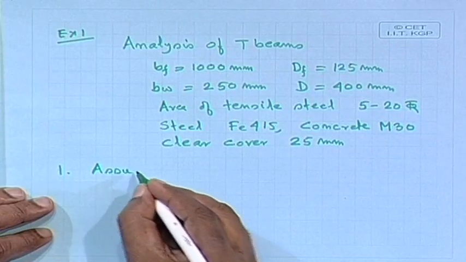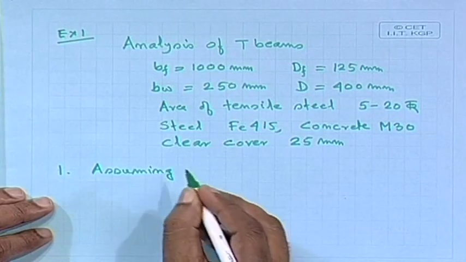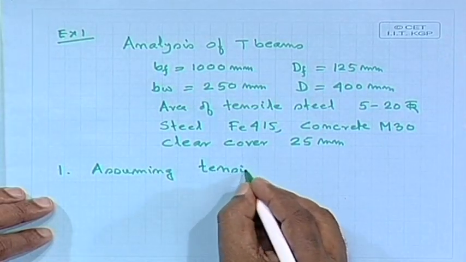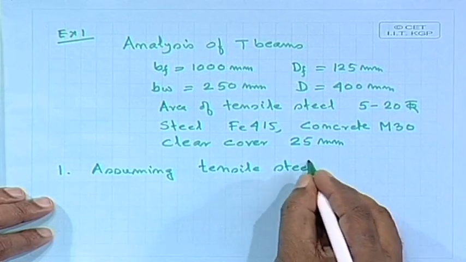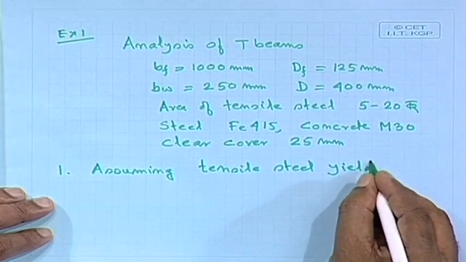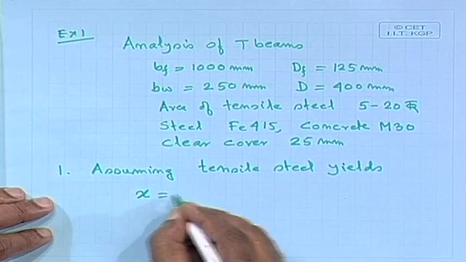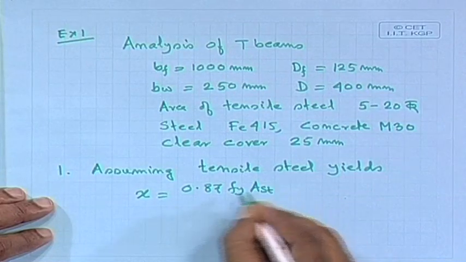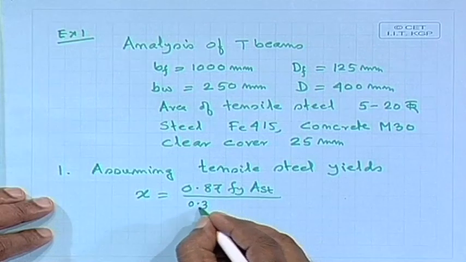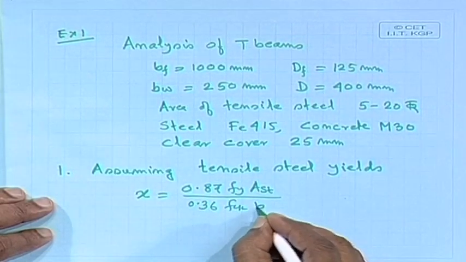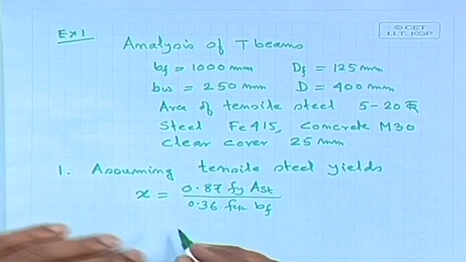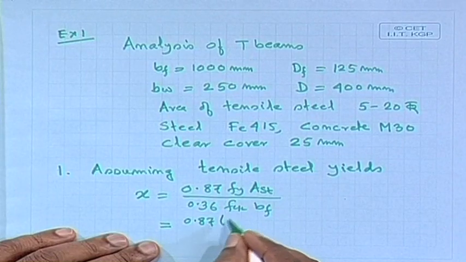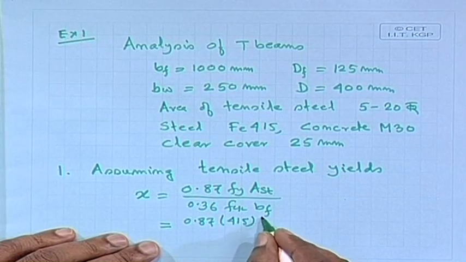Assuming that tensile steel yields, x equal to 0.87 FY AST divided by 0.36 FCK times BF, equals 0.87 times 415 times area of steel.